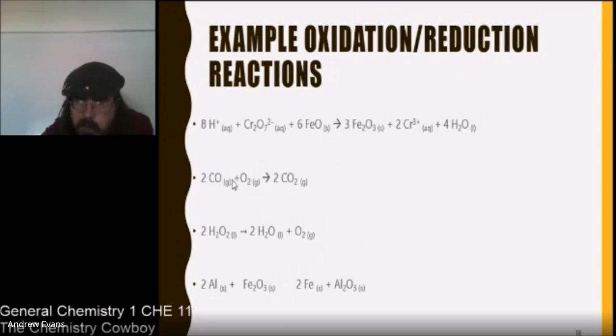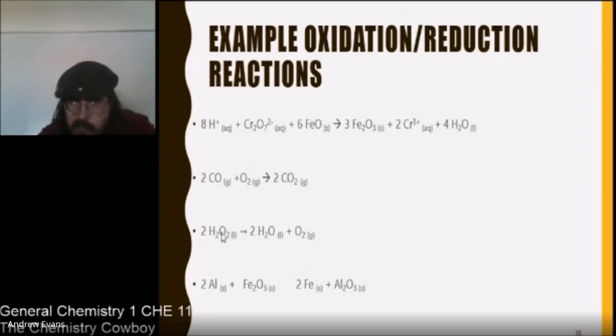Carbon monoxide plus oxygen gas to CO2 gas. This is a combination reaction or a combustion reaction, depending on how you want to look at it. Either way, we're using pure elemental oxygen. So it is an oxidation reduction reaction.